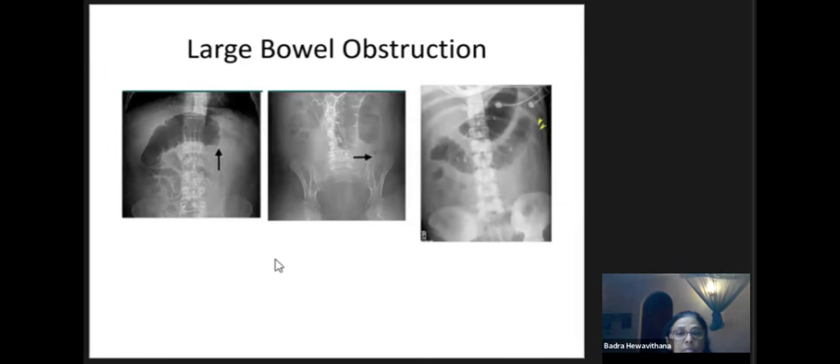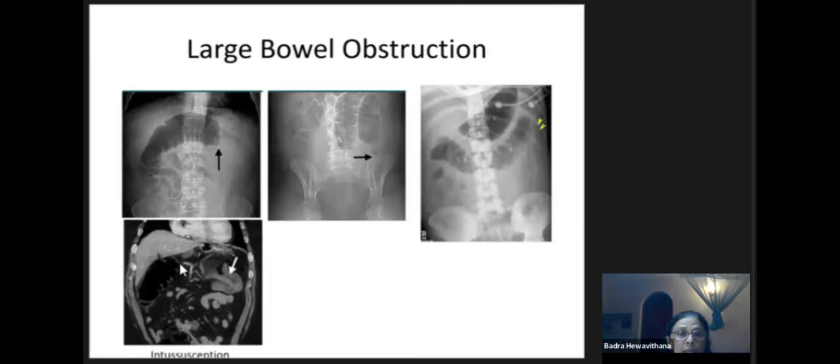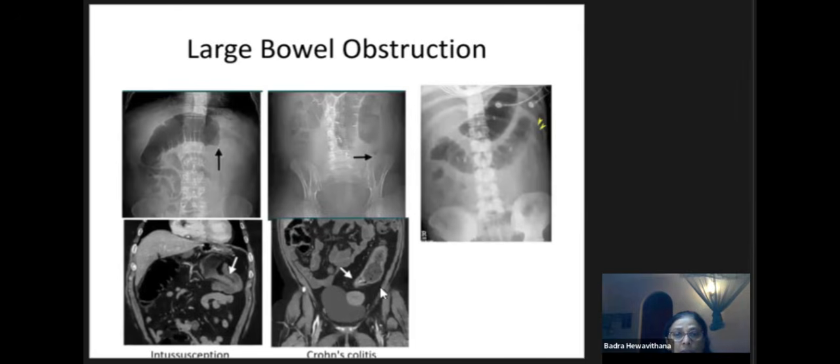So what are the possible causes? This patient underwent a CT scan, and this is what the CT scan has shown. It is an intussusception here. What about this patient? This one has a thickened bowel wall and smooth narrowing, so it is not a cancer. It is a case of Crohn's ileitis.